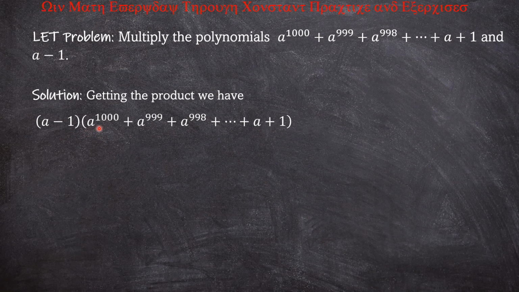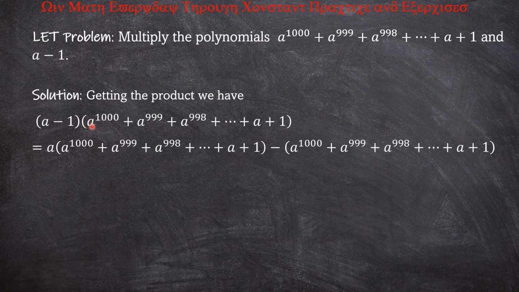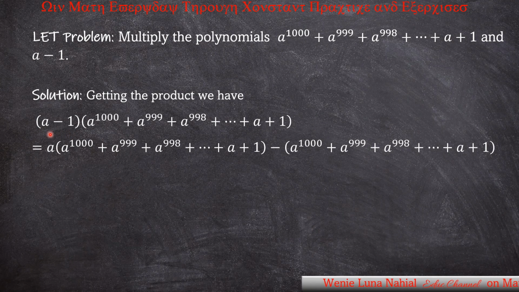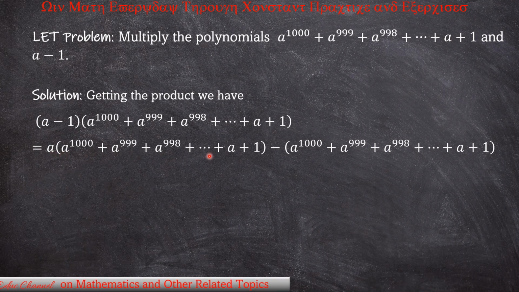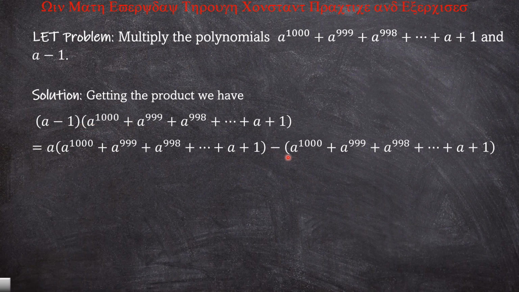This quantity, a raised to 1000 up to plus 1, is multiplied first by the first term of this binomial, a raised to 1. Then this is negative because this is negative 1, and the same polynomial.